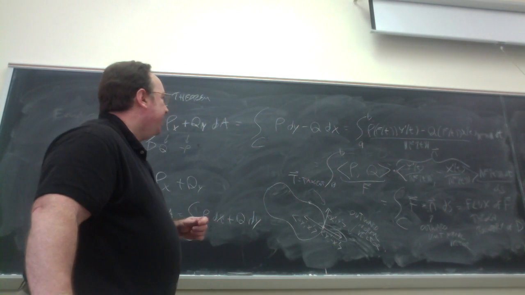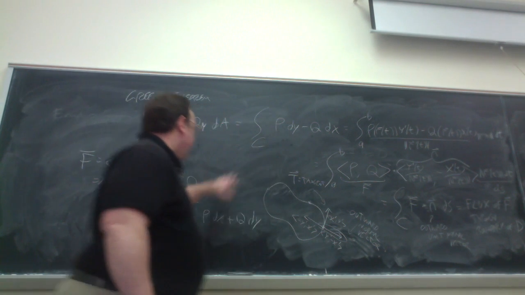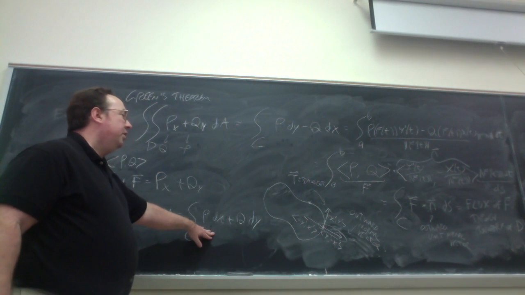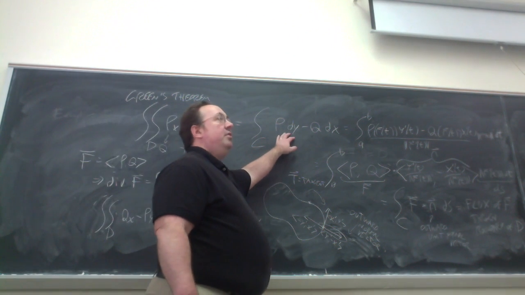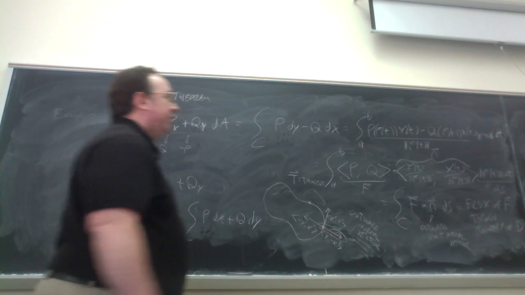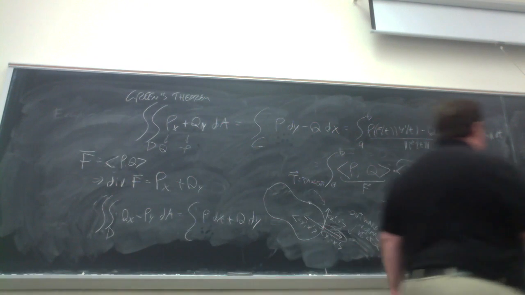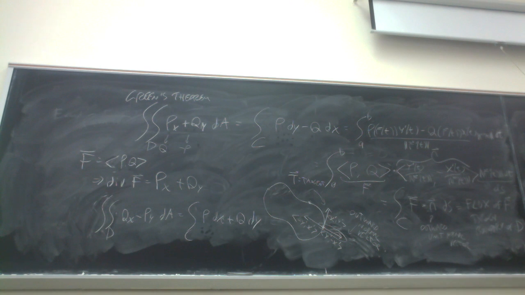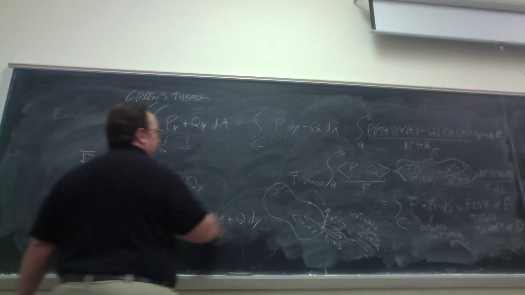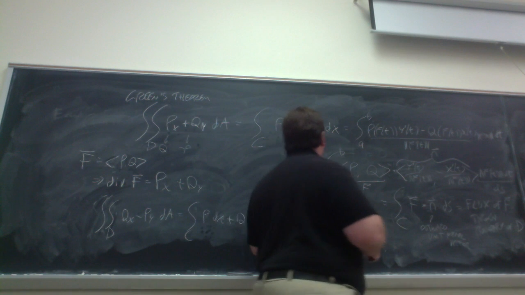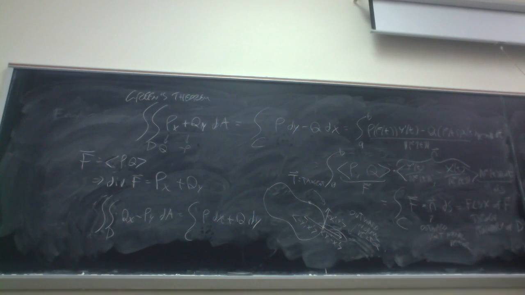So that's the difference between this line integral and this line integral. This line integral gives circulation around the curve C. This gives flux through the curve C, through the boundary. So that's why I mentioned in that document I posted the other day, which hopefully you've looked at, this is the circulation form, and this is the flux form of Green's theorem. Okay.